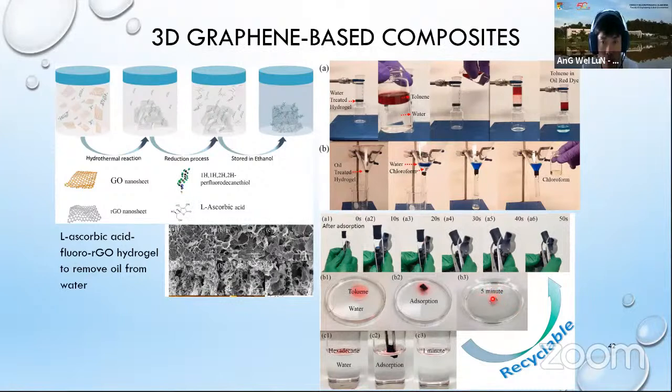It is being captured into the 3D graphene composite. So how are we going to regenerate it? Because once the adsorbent is saturated with the pollutants, it cannot absorb more pollutants. So you need to remove the pollutants from the adsorbent.